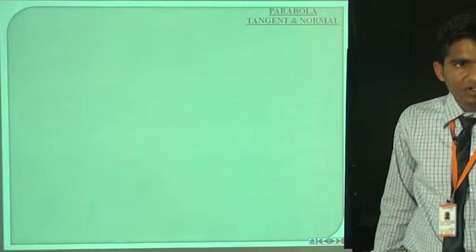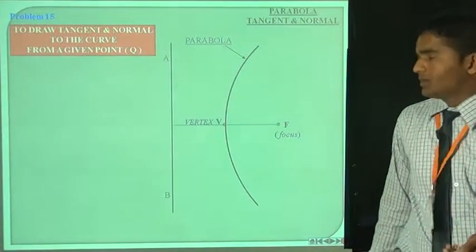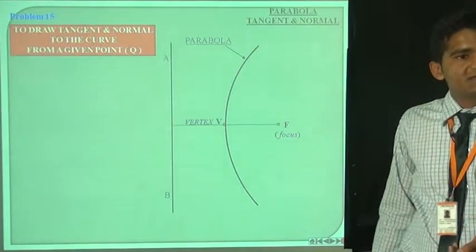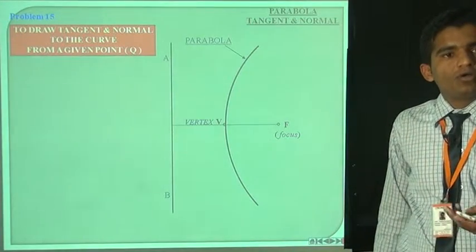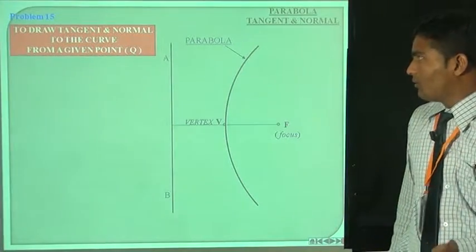Now if the parabola is drawn by the focus and directrix method, and we want to draw a normal and tangent of the parabola.